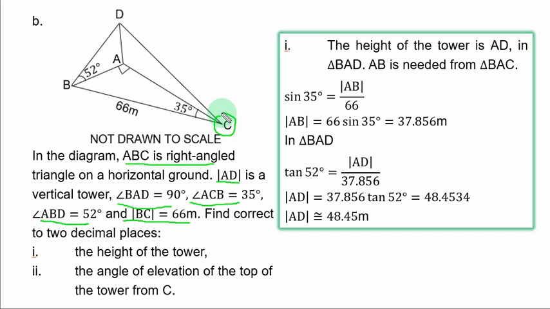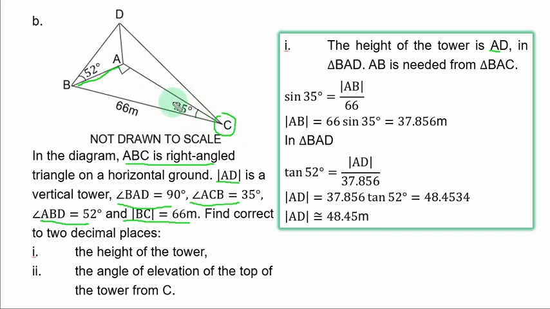Solution. Roman figure 1, the height of the tower is AD. AD is the height. In triangle BAD, AB is needed, so you have to get this side before you can find the height of the tower. So that triangle is a right angle triangle, which means BC is the hypotenuse, that is the longest side, and AB, that is facing this angle here, is opposite.